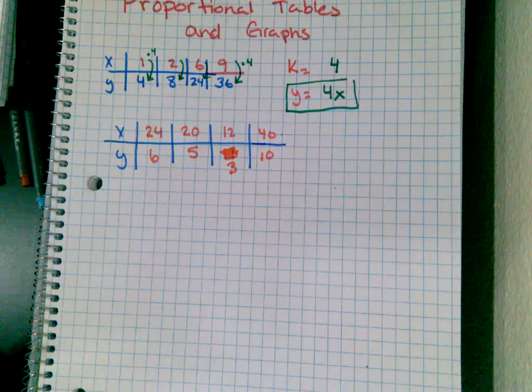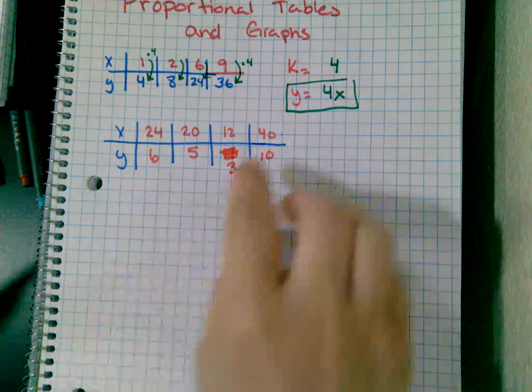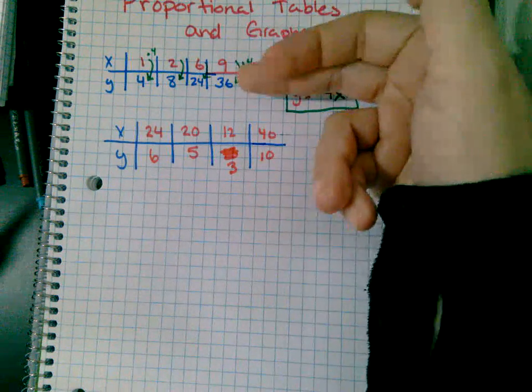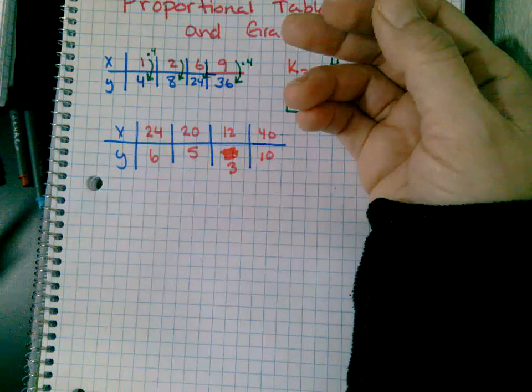What if I give you this table? There's no 1. Can't look for 1. There's no x that is 1. Some of you might still say it's 4, right? But notice how my arrows go from top. 4. A lot of you are going to say 4.